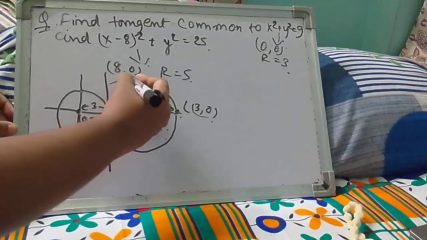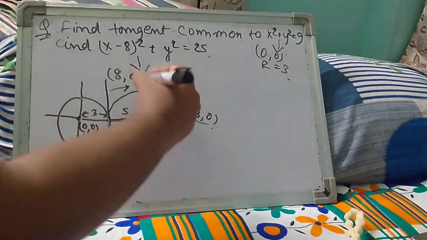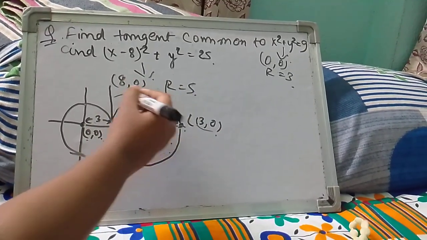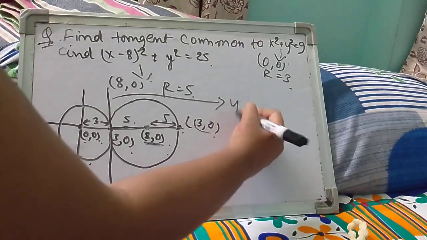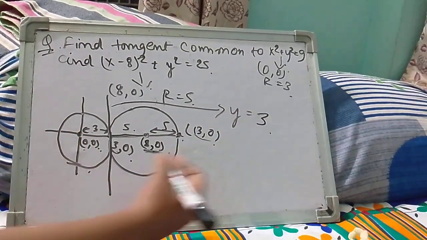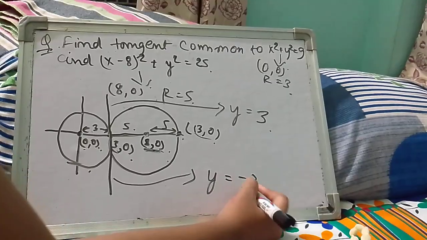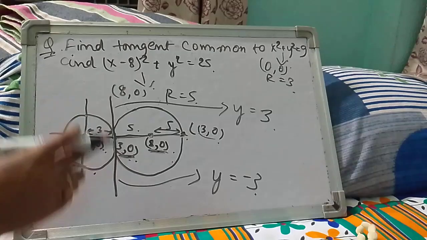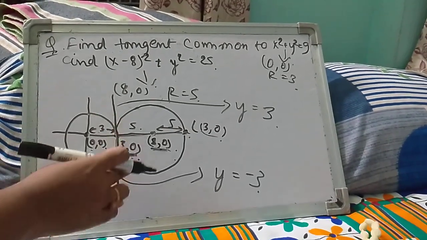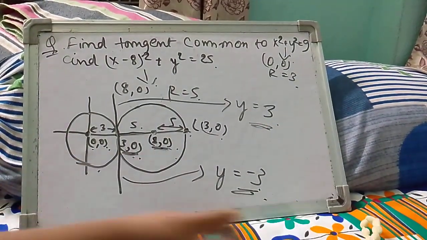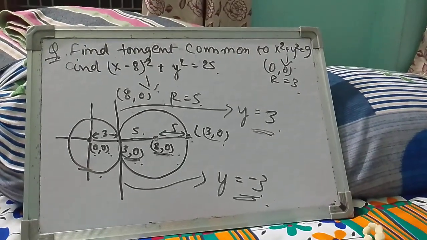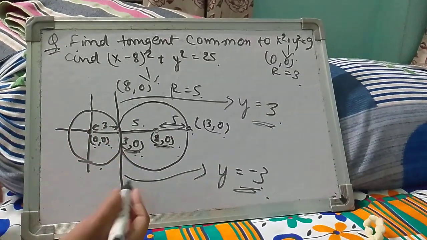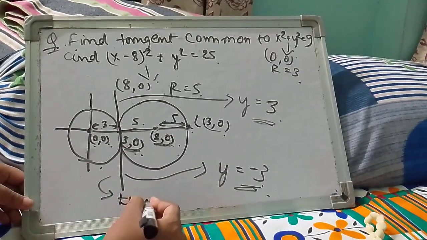So y becomes either 3 or minus 3, because this point is (3, 0), so the line is parallel to the y axis, so x will be equal to 0 and y must be either 3 or minus 3. So I hope this one is clear. This is the tangent which is common to both the circles. It is a transverse tangent.